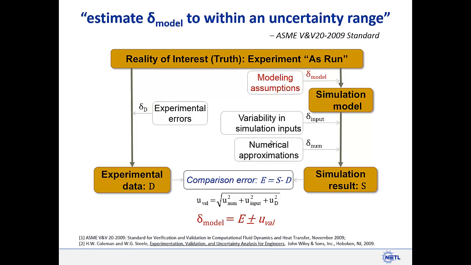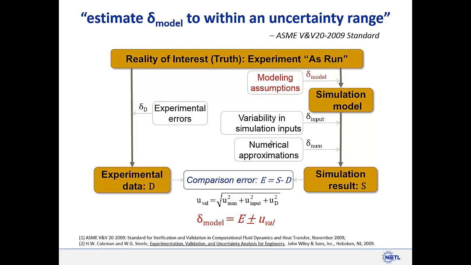And models are approximate, right? You don't capture everything in the model. So right away we have made modeling assumptions, and that's delta model. Delta model is the uncertainty that came into the picture because of your modeling.